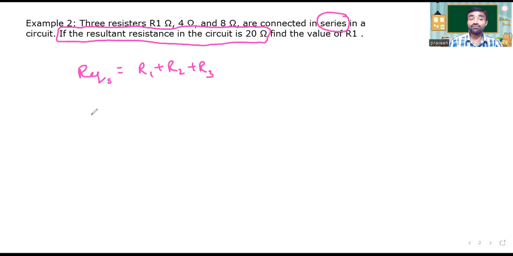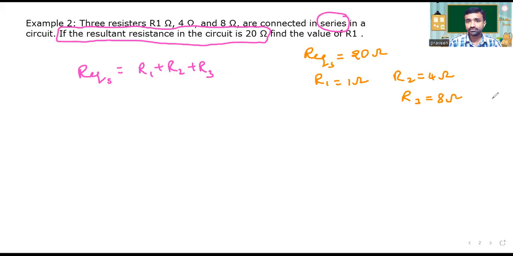Simply substitute the values. Here R equivalent in series combination, that resultant resistance, is given as 20 ohms. Then R1 value is 1 ohm, R2 value is 4 ohms, R3 value is 8 ohms, right? Then, sorry, the first one is not given.